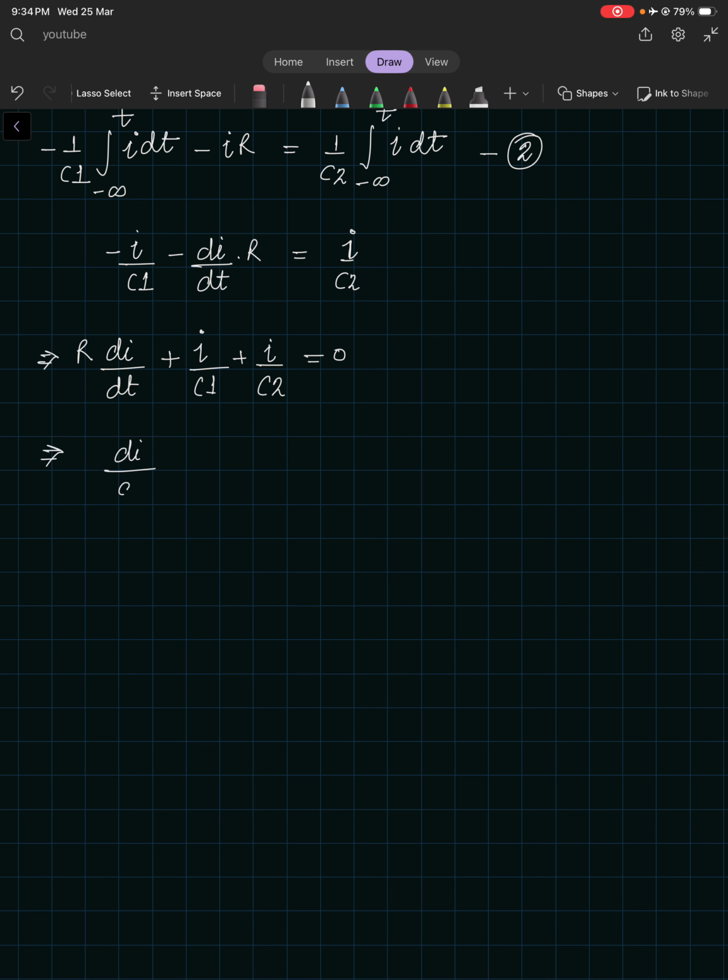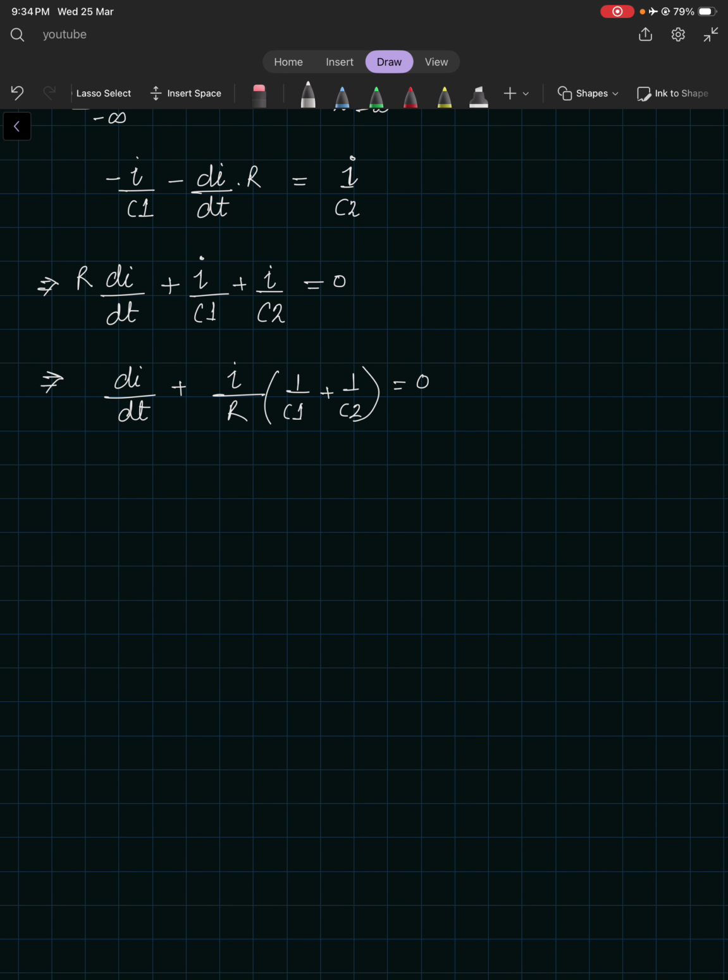Let me divide this equation by R. Let me take I common: di by dt plus I times 1 by C1 plus 1 by C2, over R, is equal to 0. So what is 1 by C1 plus 1 by C2? It will become C1 plus C2 upon C1 C2, right? So it will be equal to 1 upon C equivalent.